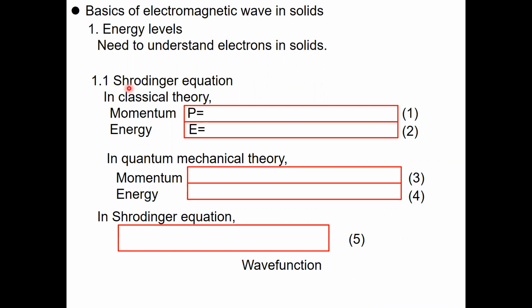And first of all, let's review the Schrodinger equation. Before going to that, again, the electromagnetic wave itself classically we can deal with by the Maxwell equations, and that's totally the same. And when we think about the materials, we need to think about the energy of electrons, and to understand the energy of electrons, we use the Schrodinger equation.